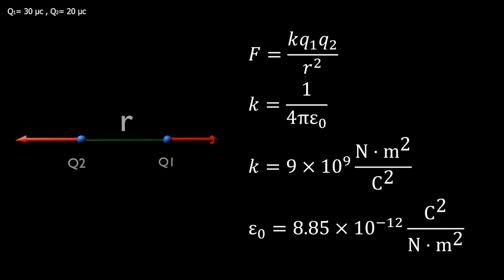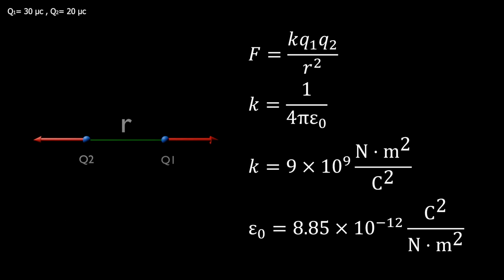K is also equal to 1 over 4 pi epsilon naught. Epsilon naught is the permittivity of free space, which is equal to 8.854 times 10 to the power of negative 12.